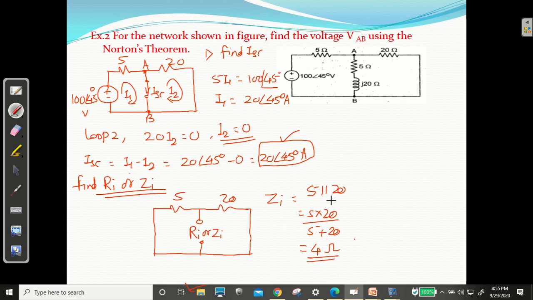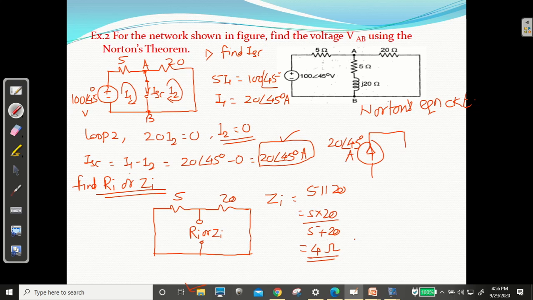I got ZI. Now Norton's equivalent circuit. What is the Norton's equivalent circuit? This is ISC. What is the ISC? I am getting it, it is 20 of the angle 45 degree ampere.